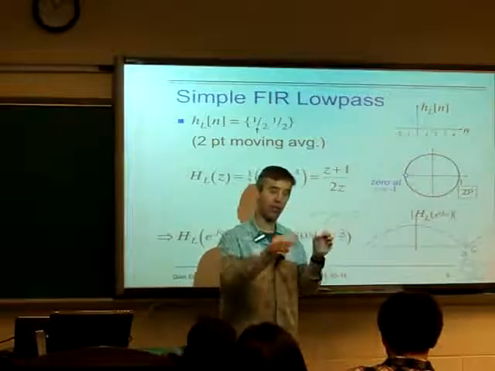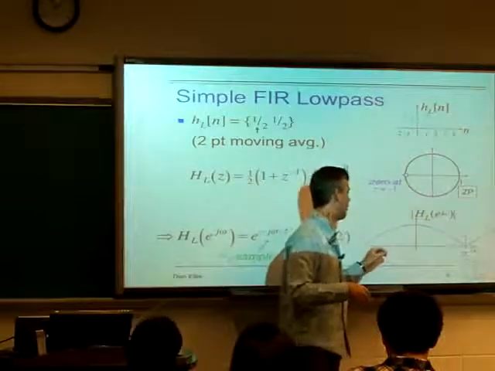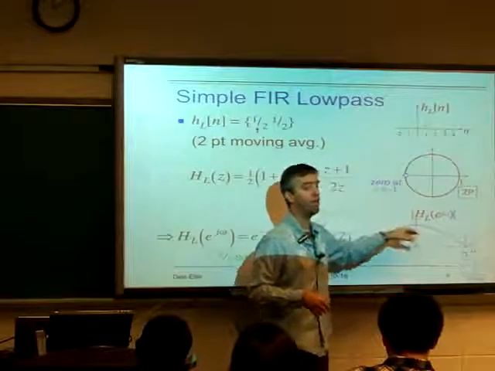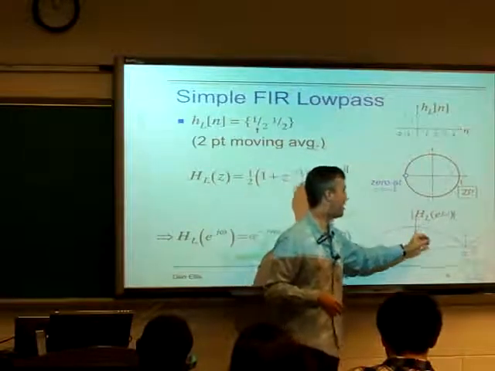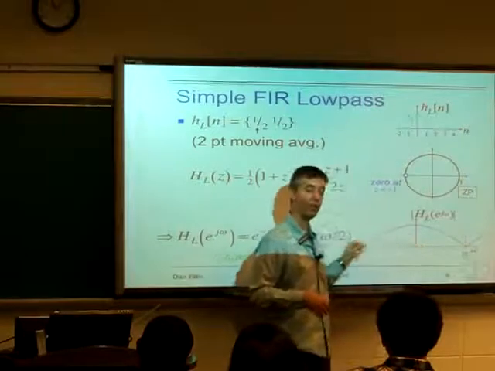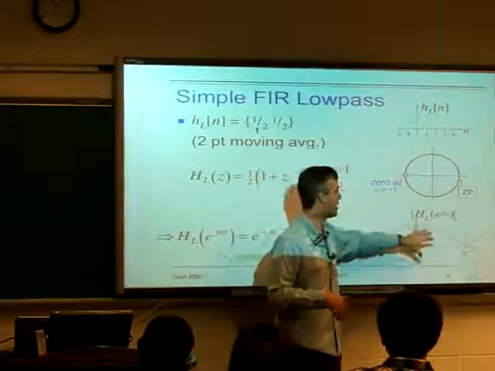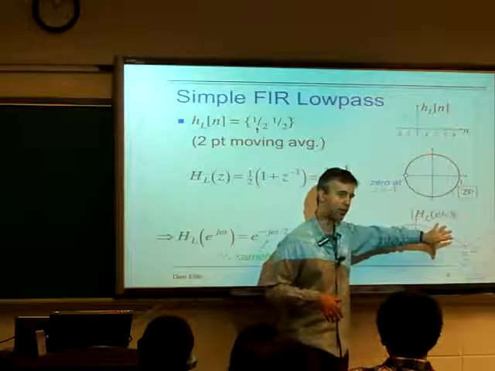And so that's why we only plot it between minus pi and pi. And in fact, if the impulse response is real, then it's going to be conjugate symmetric. So if I just know it from 0 to pi, then I can get it from minus pi to 0 because it's just going to be the conjugate of that. And so this is the part that we actually care about.